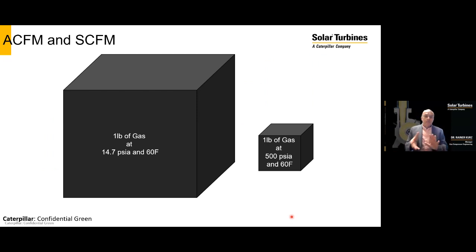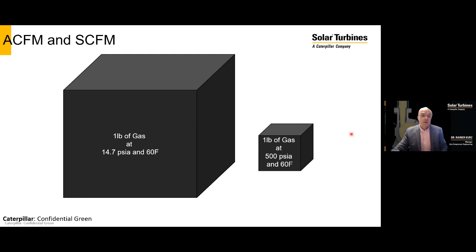Okay, then a little bit about flow. So we deal with actual flow and standard flow. And that sometimes causes a little bit of confusion. Actual flow is essentially the amount of cubic feet per minute that the compressor actually sees, whereas the standard flow is the volume of gas that this gas would have if it were at 14.7 pounds and 60 degrees.